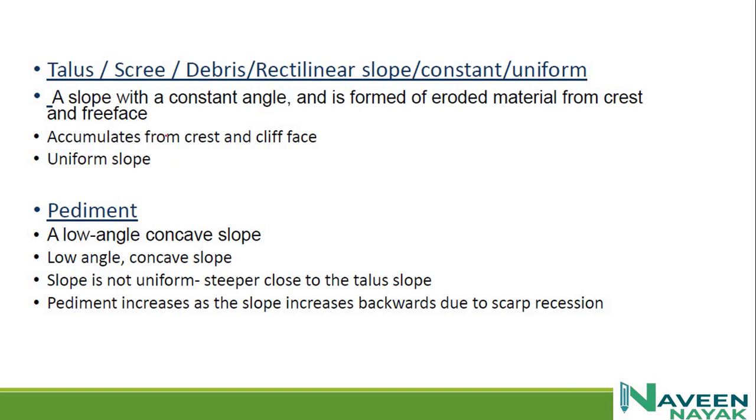Talus, a slope with constant angle, formed by eroded materials from the crest and free face, accumulating from the crest and cliff face. And pediment, a lower angle concave slope. The slope is not uniform and is steeper close to the talus slope.